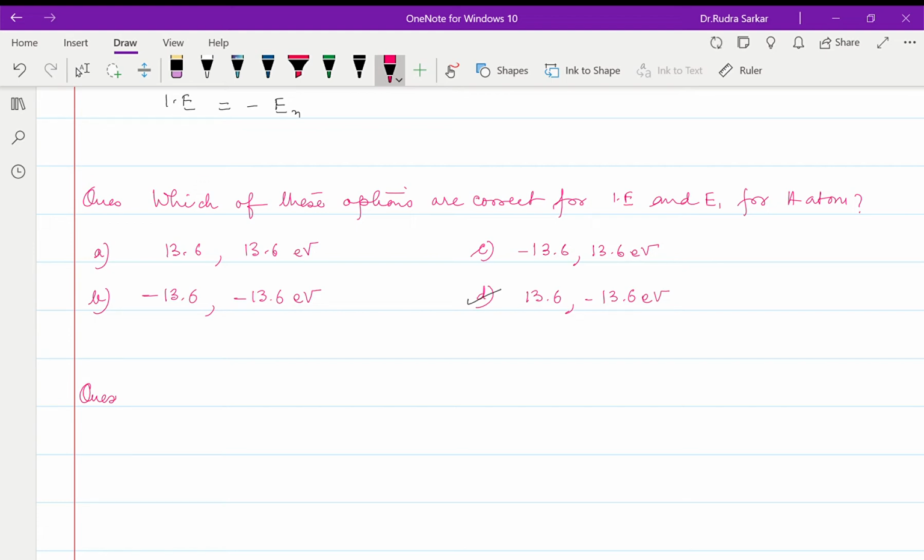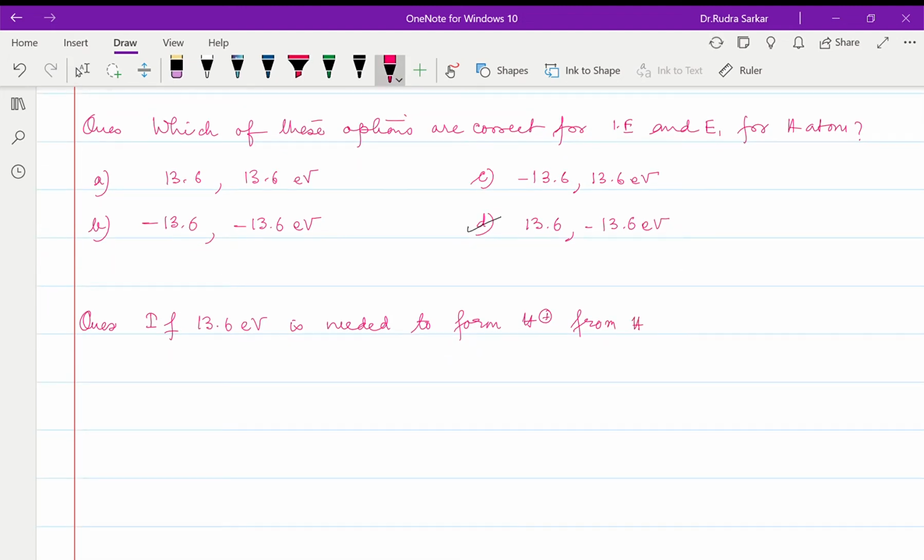So the question is, if 13.6 eV is needed to form H, then find the amount of energy required to form Li plus from Li.